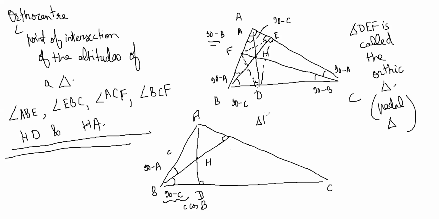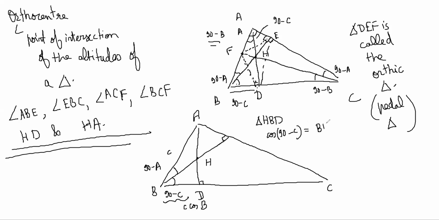Then look at triangle HBD. In that triangle, this angle is 90 minus C, and this side is known, which is c cos B. So cos of 90 minus C will be equal to base by hypotenuse, right?